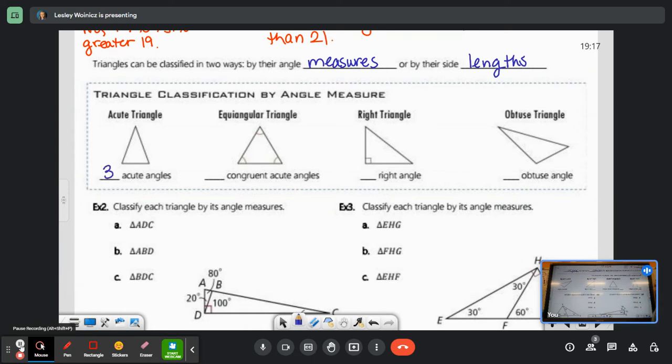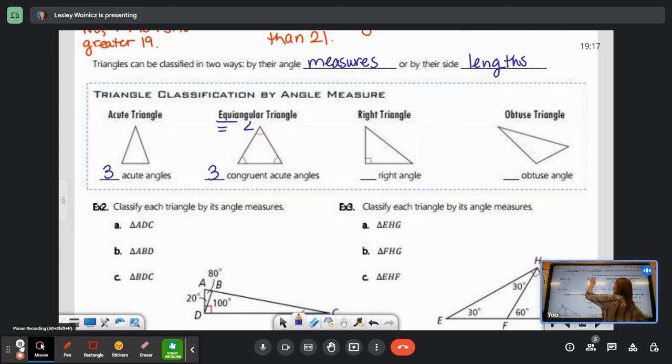So they all have to be acute, otherwise they're not cute at all. An equiangular triangle has 3 congruent acute angles. So you can see right here, equal angles, right? They all 3 have to be equal.